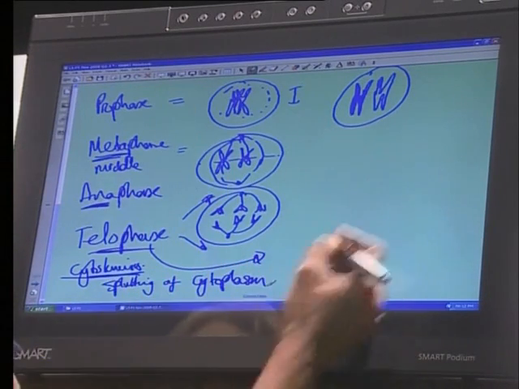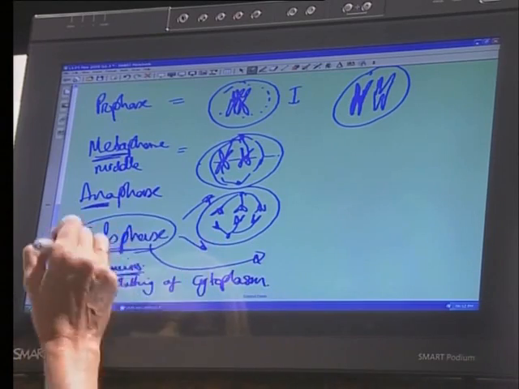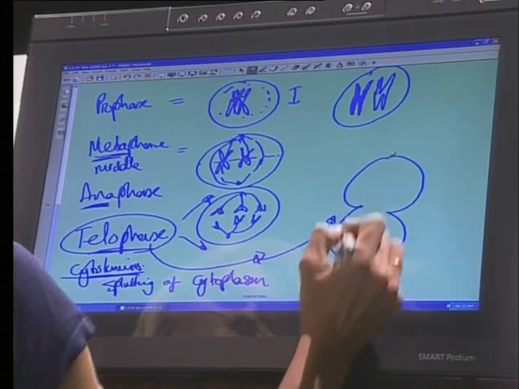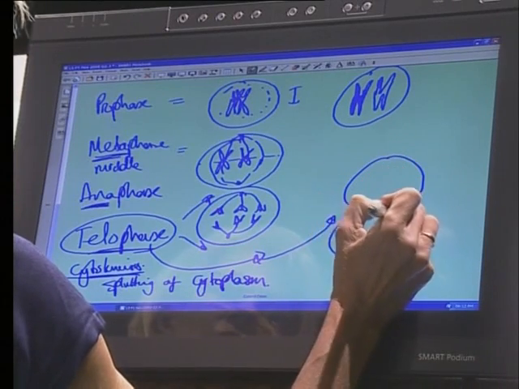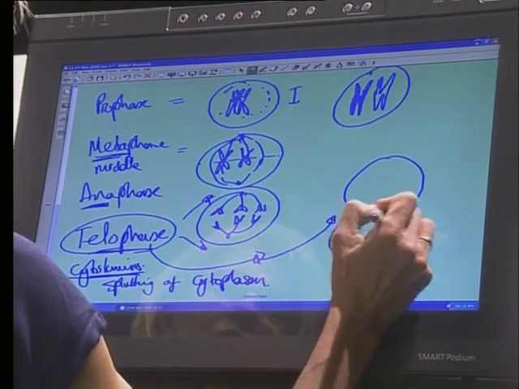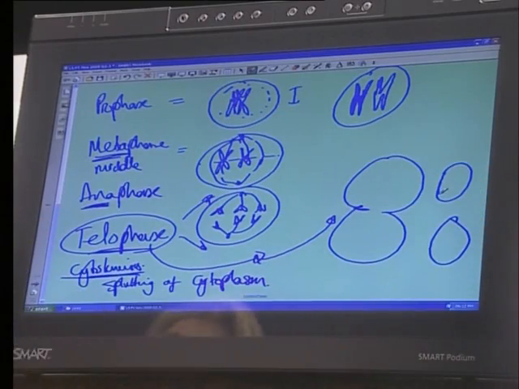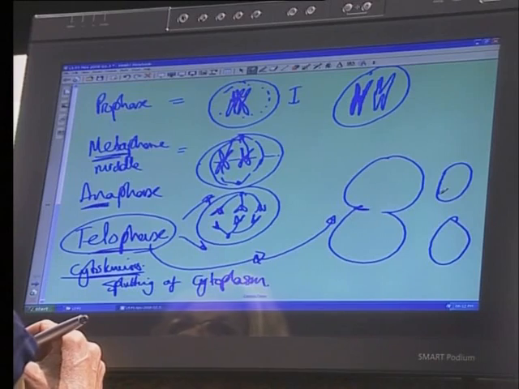So where is the cytoplasm going to split? Only during telophase, here, when it does this. Now this invagination gets bigger and bigger and bigger until it separates into your 4 identical daughter cells.